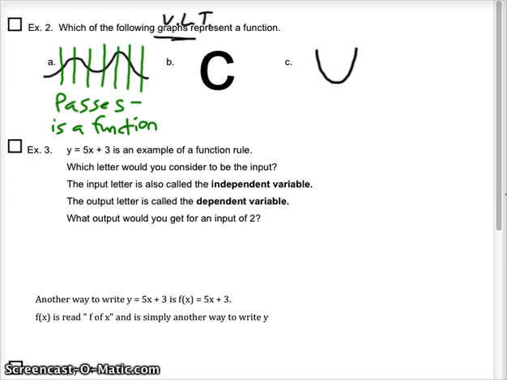In B, let's look at B. Well, when I draw my vertical line here, I want you to notice something. It's touching twice, okay? It intersects that curve twice. And what that is telling me is this is failing the vertical line test. All right? It should only touch once if it's a function. So this one is not a function.